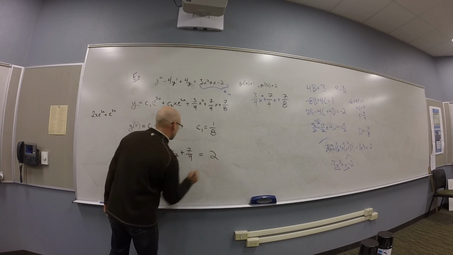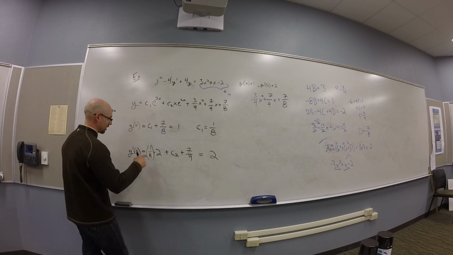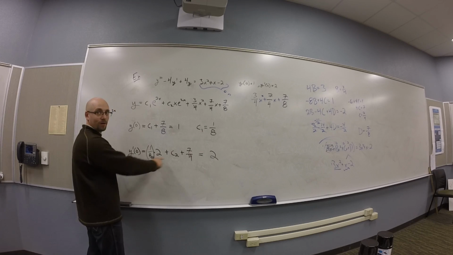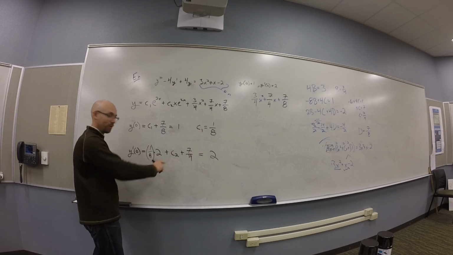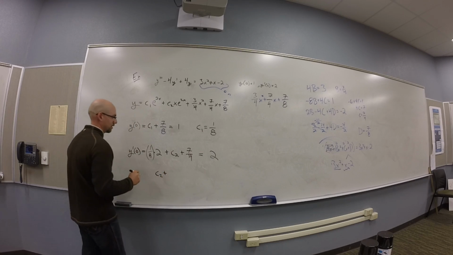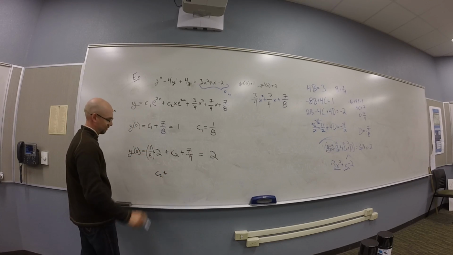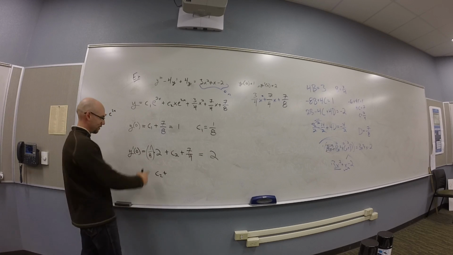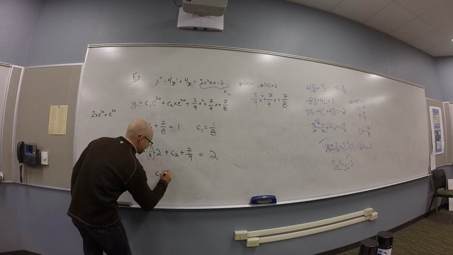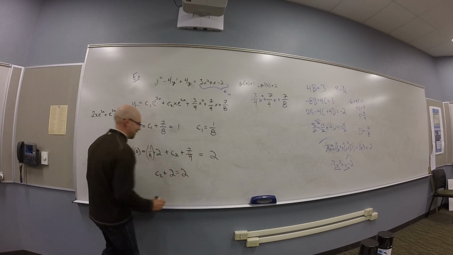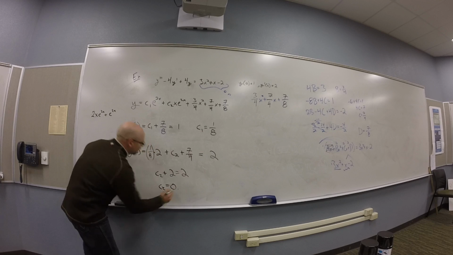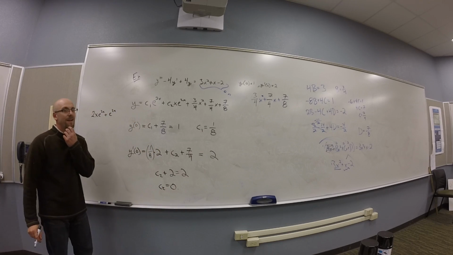A quarter plus C2 plus 7 quarters equals 2. So C2 is 0. So do we have to go back and change our original y?